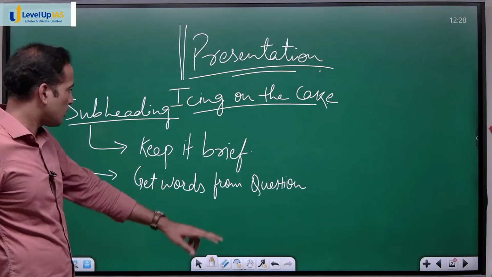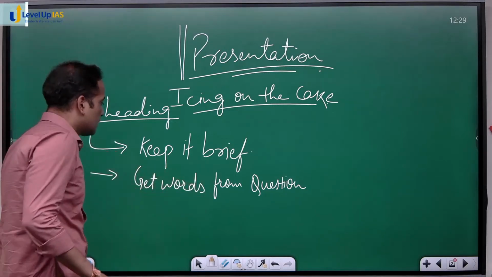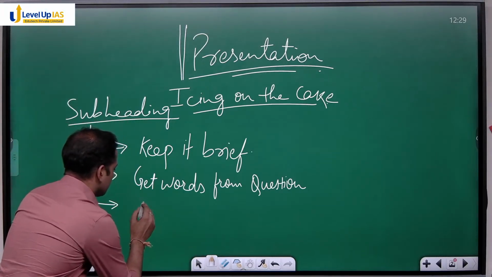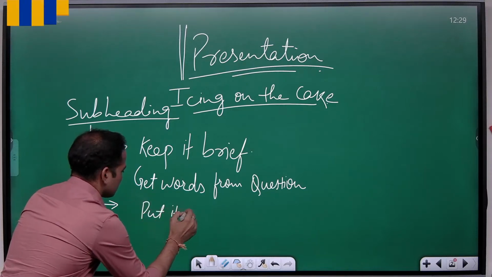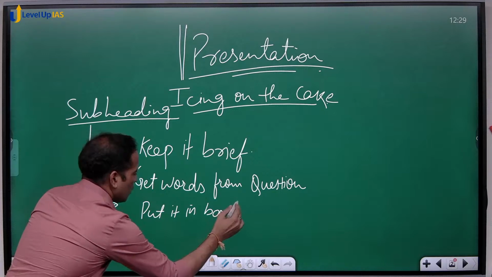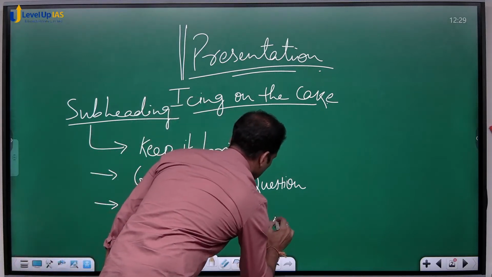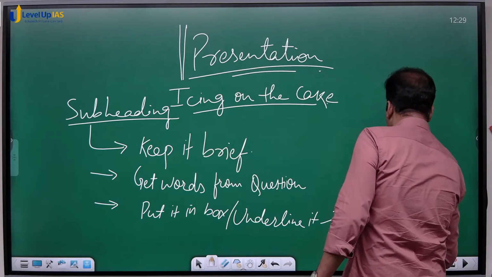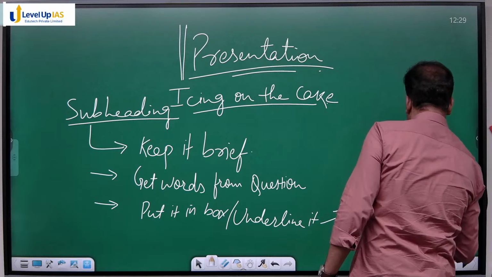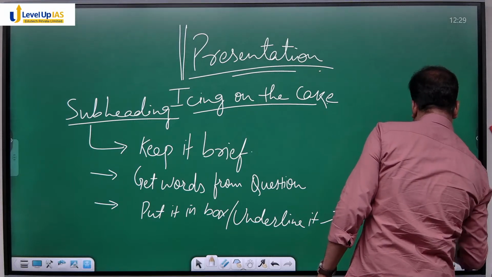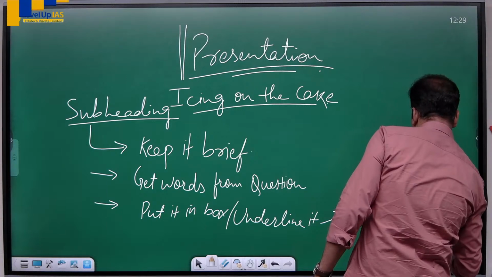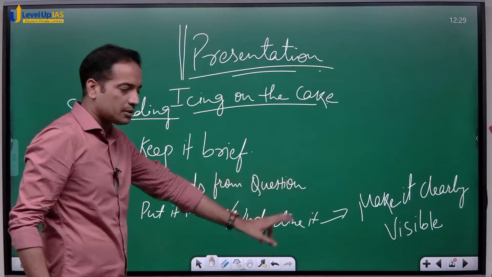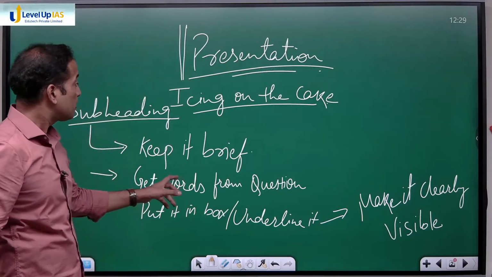I hope you are understanding what I mean by this. Then the next would be, you can put it in a box or you can underline it. The purpose is to make it clearly visible. You have to ensure that it is clearly visible. That is the purpose.